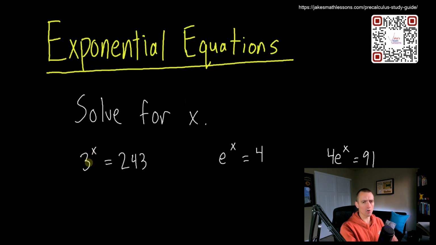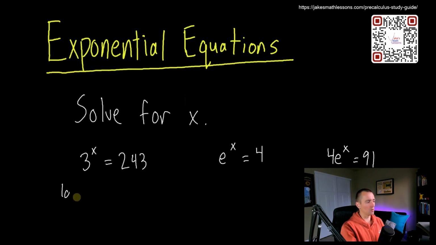Basically, whatever the base of your exponent is, in this case a base of 3, we would just take log base 3 of both sides of our equation. So whatever the base of your exponent is, you would use that base as the base of your log and apply that to both sides of the equation.